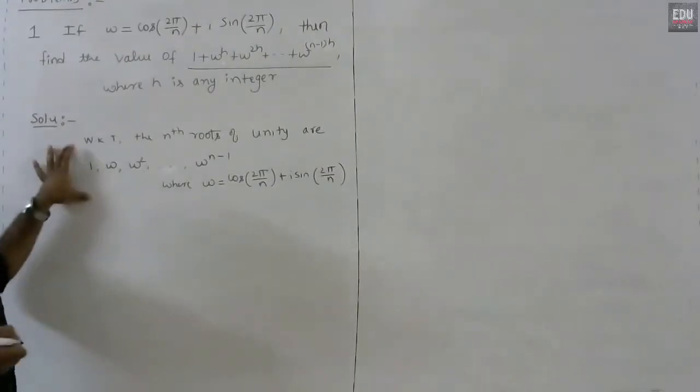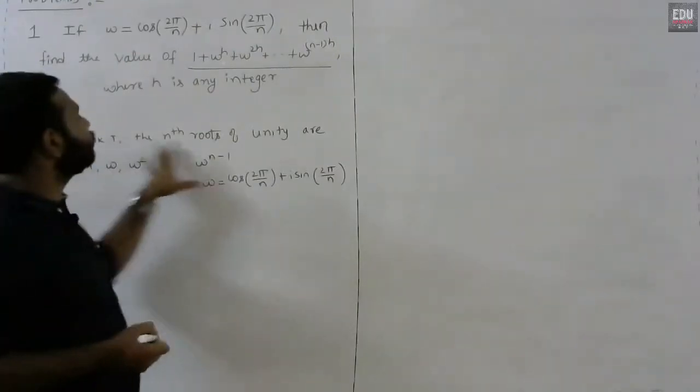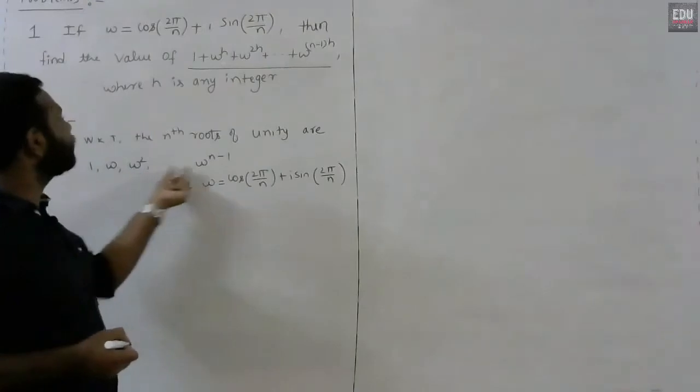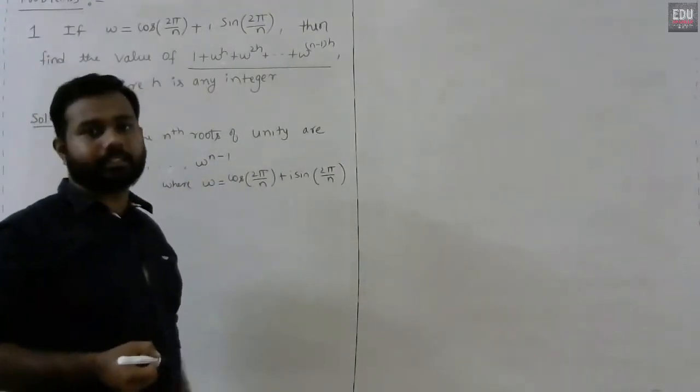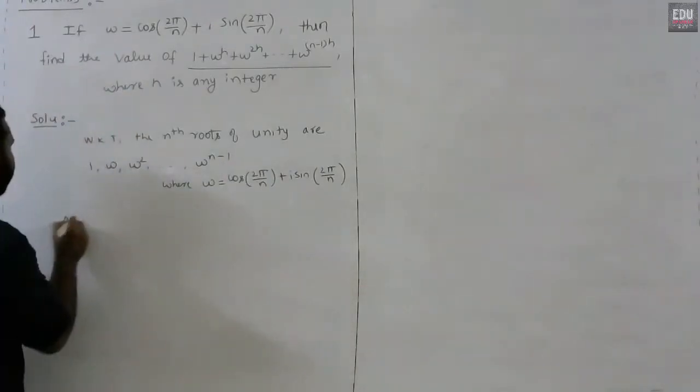Now we shall start with the known fact. So the nth roots of unity are 1, omega, omega square, up to omega power n minus 1, where the value of omega is this.